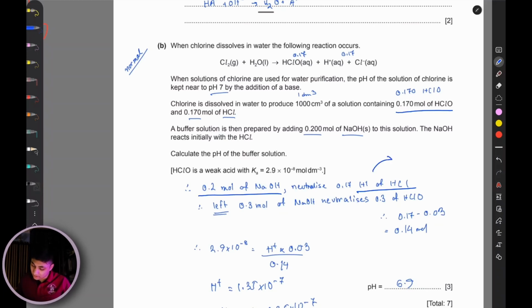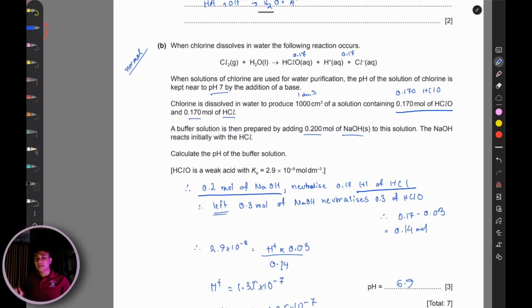And what's going to happen is it's going to form NaCl and H2O. So it's neutralizing your 0.17 moles of H plus ions.